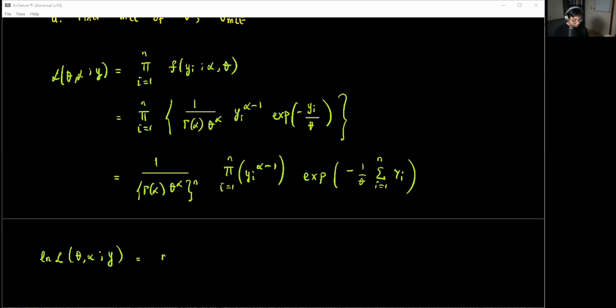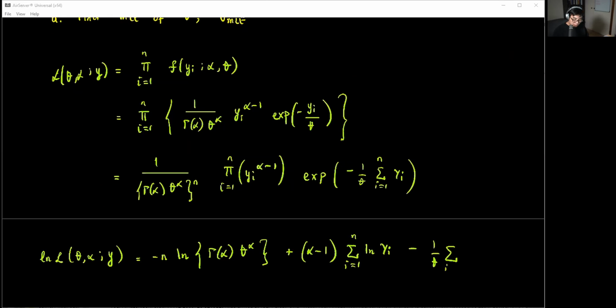So we have n or minus n times the log of this entire thing. That's not important because that's a constant. This is a product. So this product is going to become a sum when we take the log. So it's going to be plus alpha minus 1 times the sum of the log of yi because the power comes down. Okay. And then the exponential will disappear.